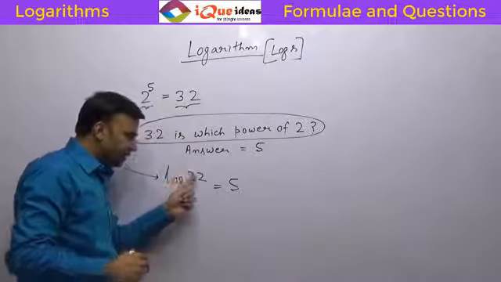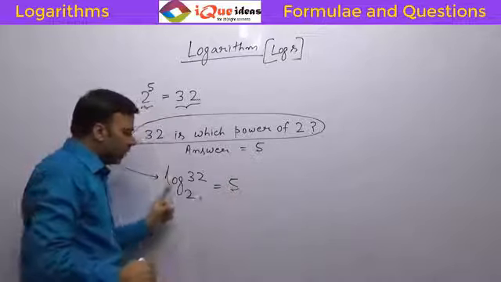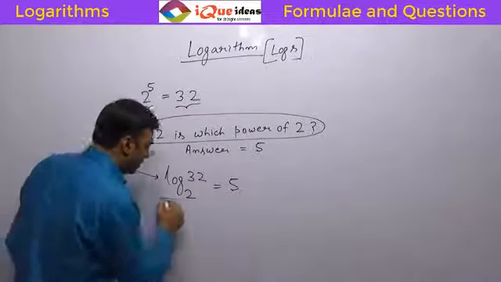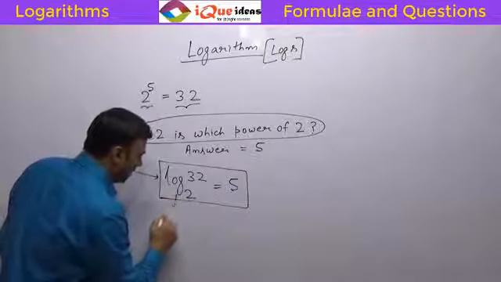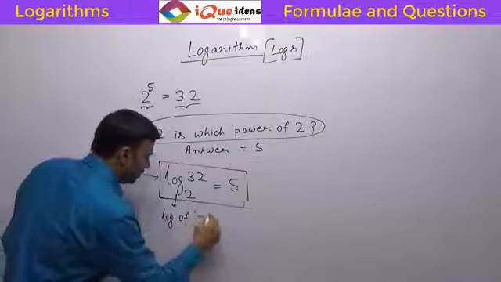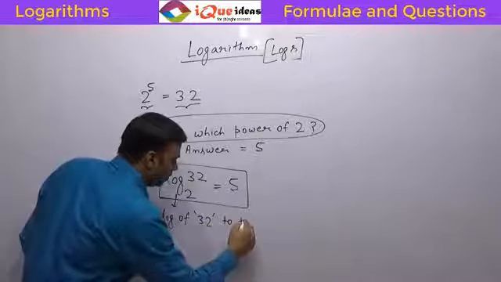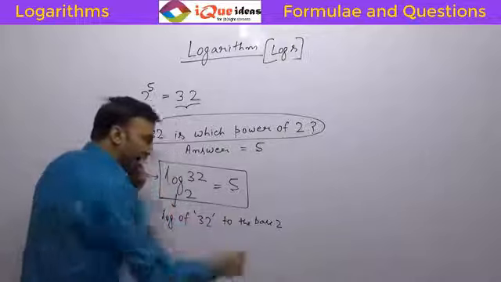So we say because 32 is 2 raised to the power 5, log of 32 to the base 2 is equal to 5. So this expression defines log. How is it read? It is read as log of 32 to the base 2 is equal to 5.